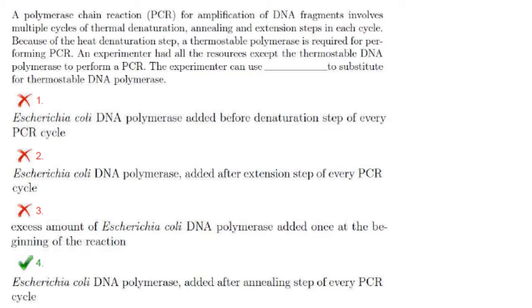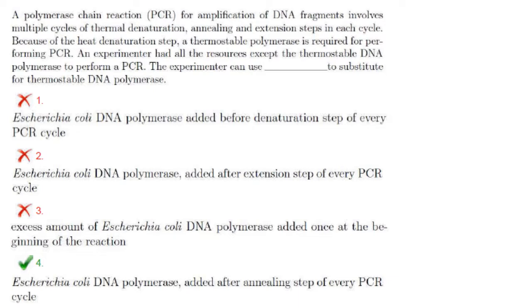Then next one, a polymerase chain reaction for amplification of DNA fragments involves multiple cycles of thermal denaturation, annealing and extension steps in each cycle. Because of the heat denaturation step, a thermostable polymerase is required for performing PCR. And thermostable polymerase, that is Taq polymerase, is isolated from Thermus aquaticus.